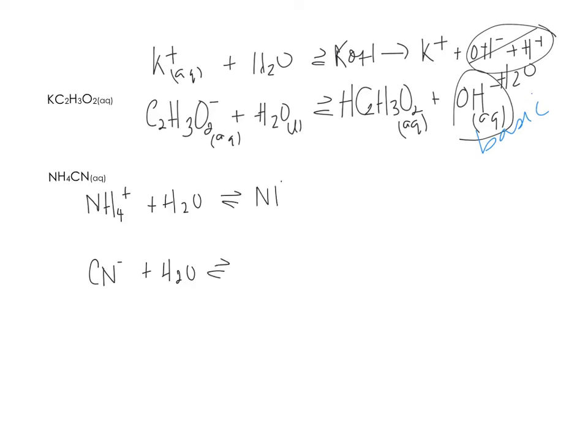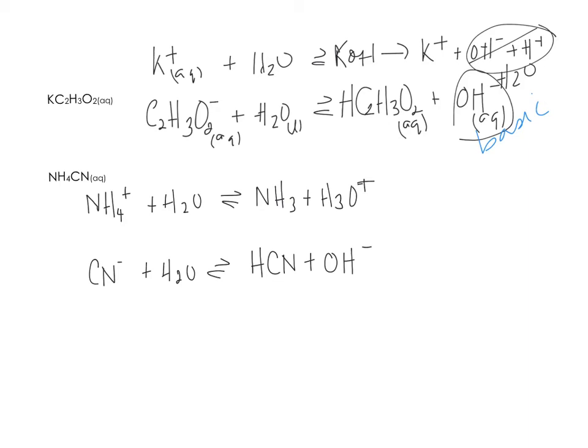This will make ammonia and the hydronium ion, so it is acidic. CN minus makes hydrocyanic acid and hydroxide ions.